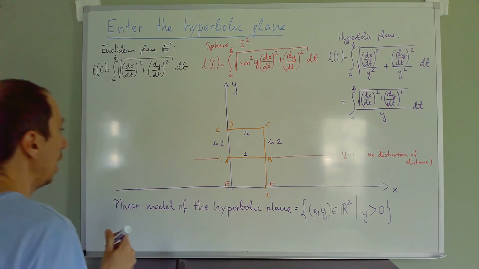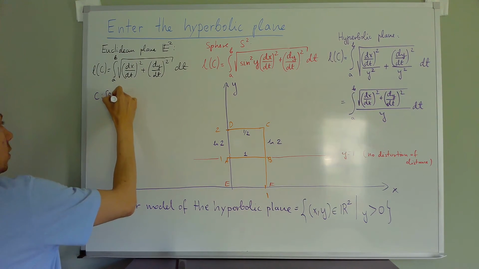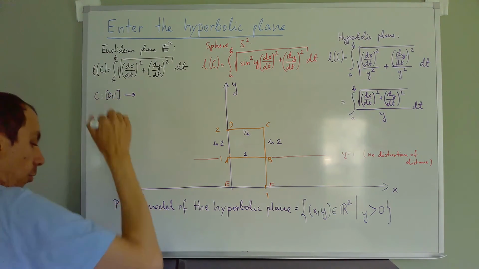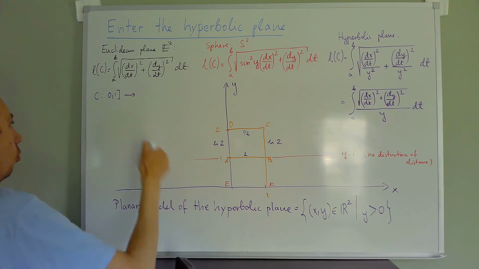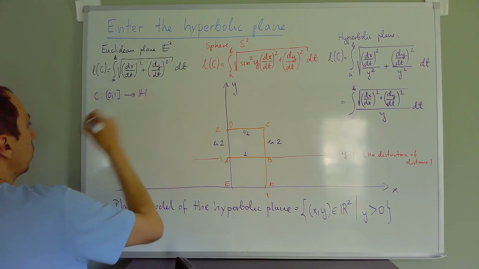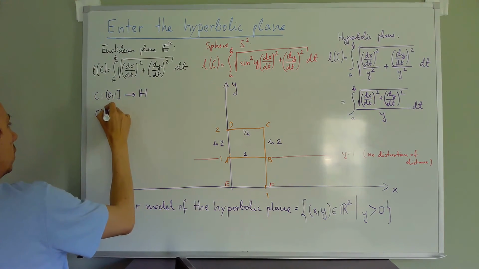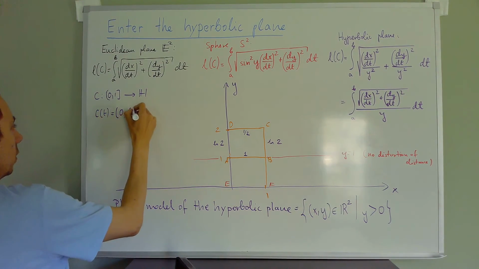So I now parameterize my curve this way. I go from 0 to 1, but I do not include 0. So it's an open-ended interval from 0 to 1 into the hyperbolic plane, where c of t is, okay, so the x is going to be 0, but the y is going to be t, right?